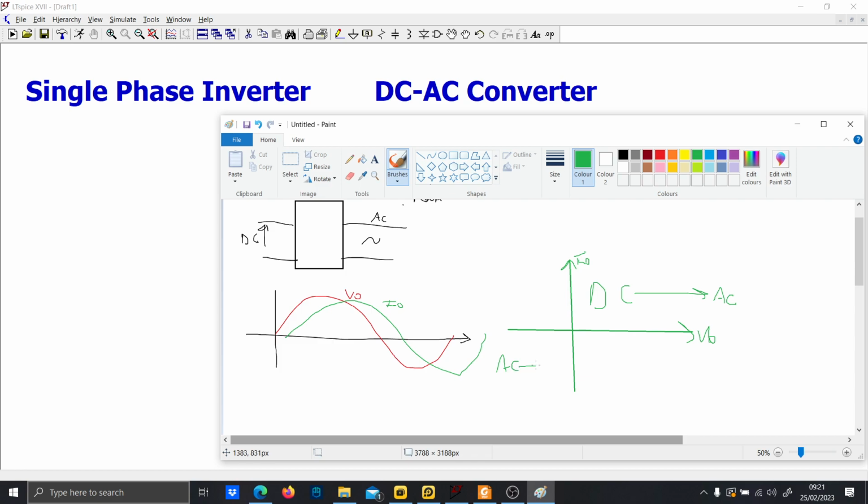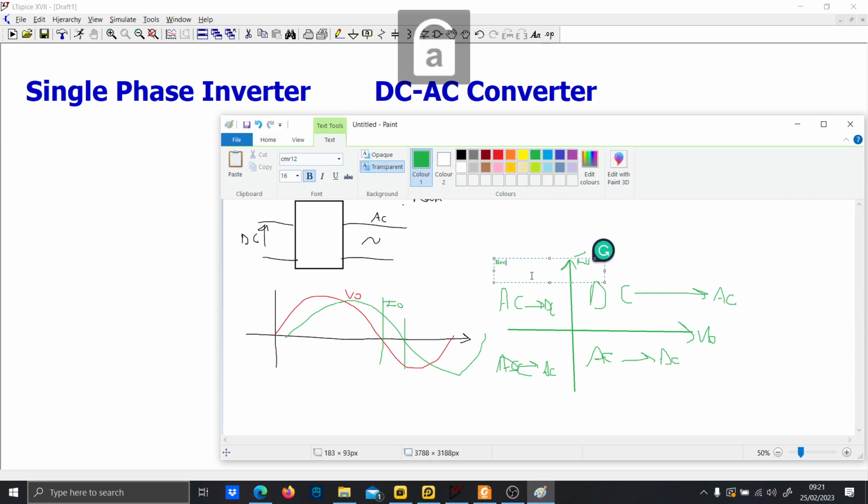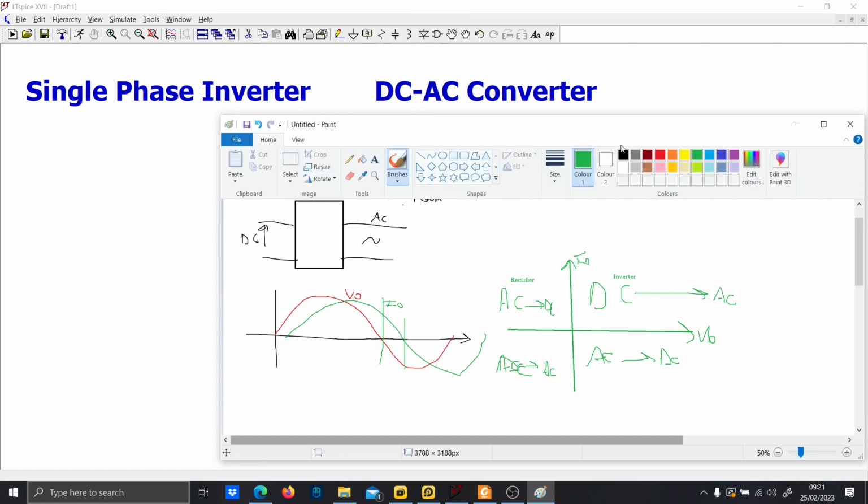Now, when IO and VO are discordant in values, in this interval here for instance, then you have a rectifier operation, and the power is flowing from the AC to the DC. So this is the rectifier operation, and this is the inverter operation. We want to exploit the inverter, of course, in these two areas.